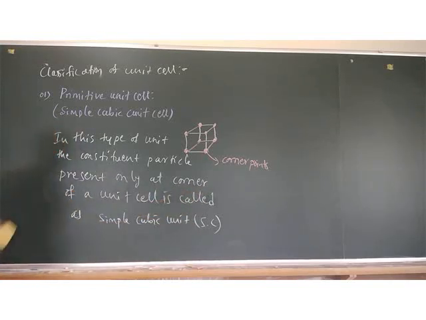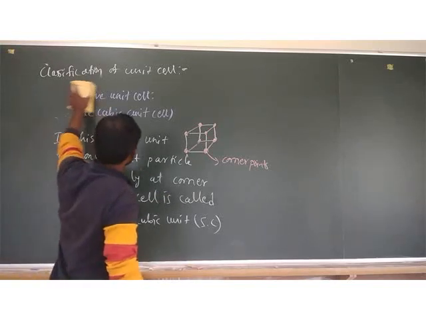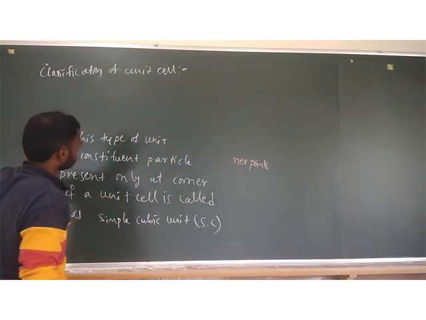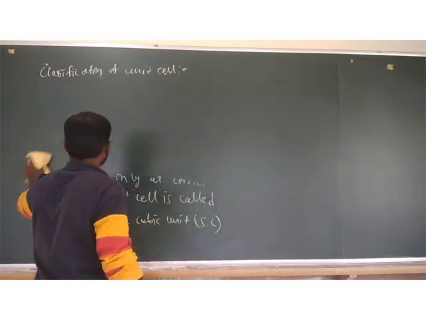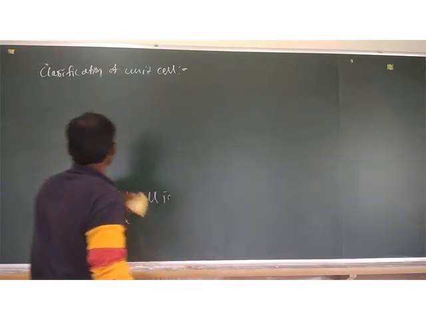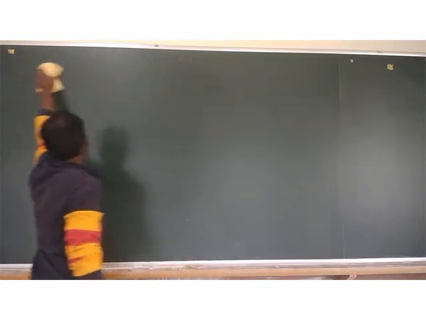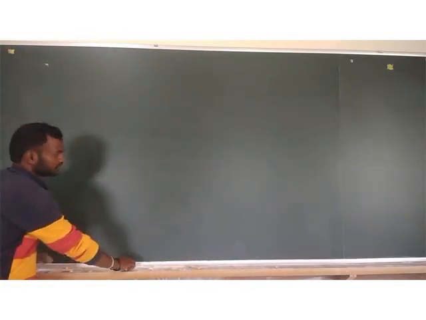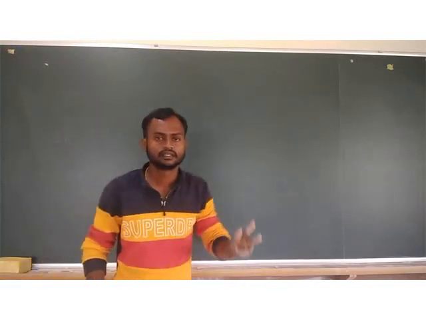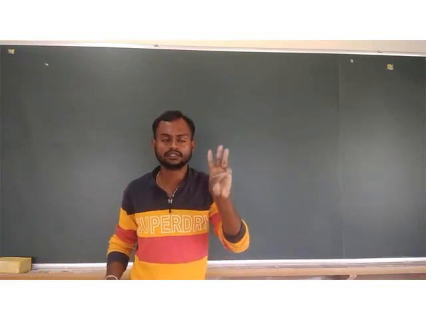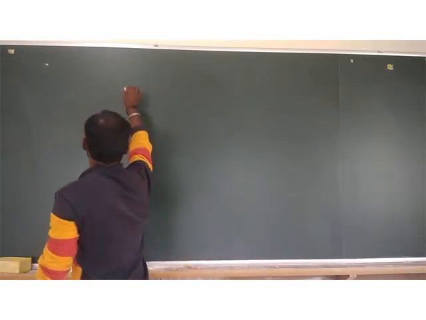And the next one. The non-primitive or centered unit cell can be classified into three types.